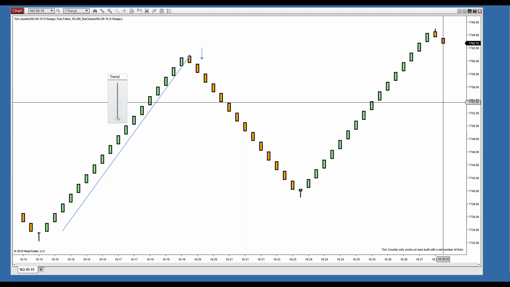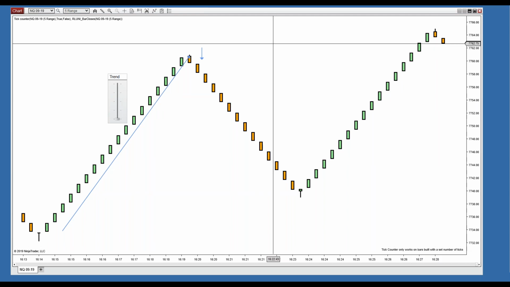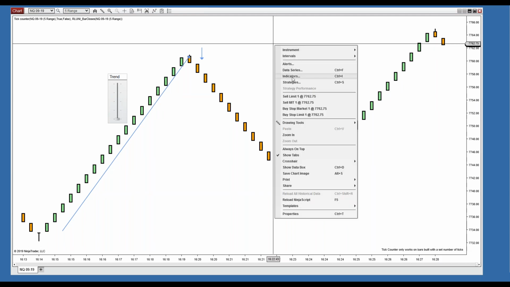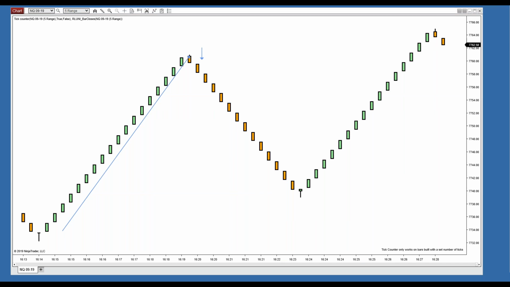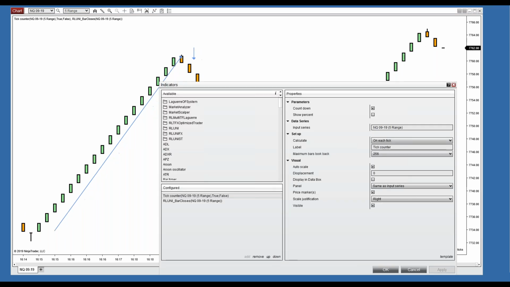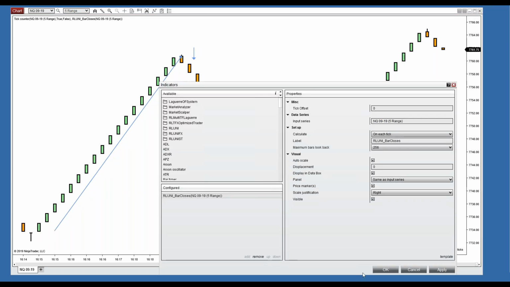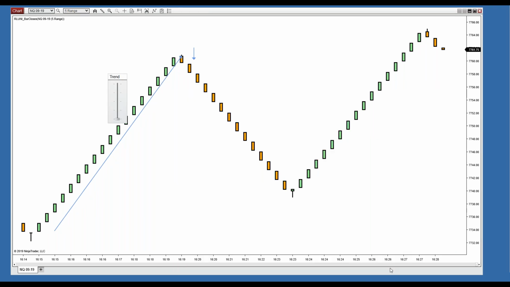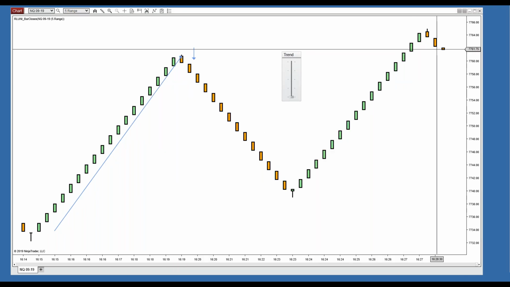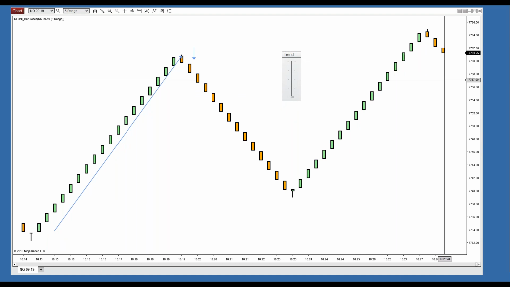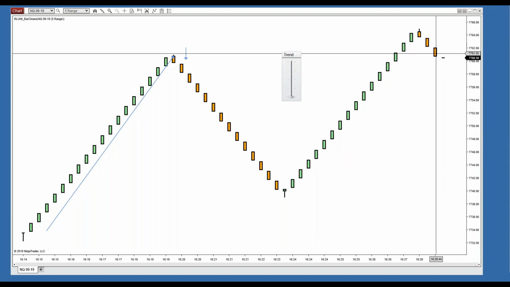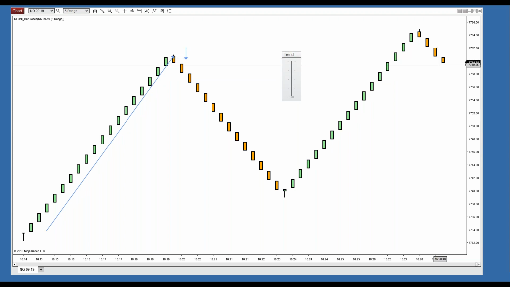So we're going to take this out. The tick counter, we're going to remove. Now the bar closes would have told us when we're going to get a close to the upside or close to the downside, but we have it formatted for Unirenko. But now we know every 5 ticks, we're going to get a new candle.